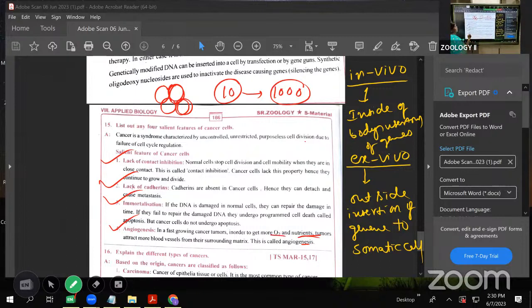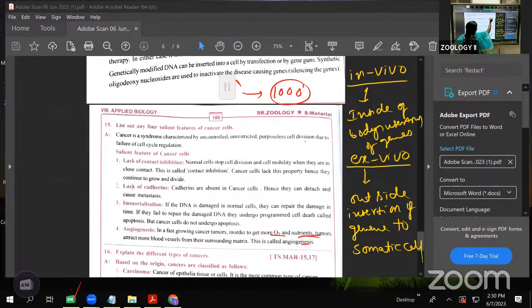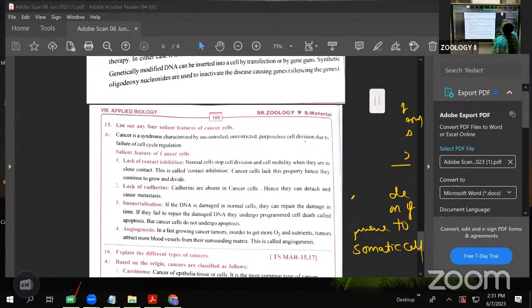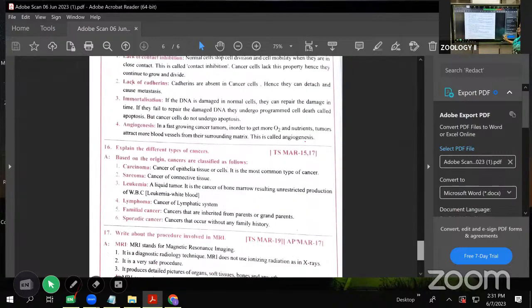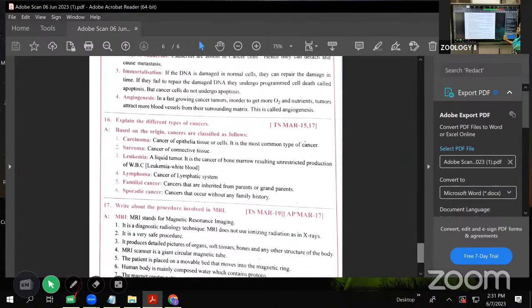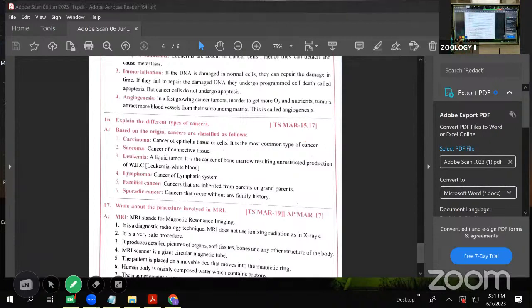That we call angiogenesis. This was about the features of the cancer cells. Next is the types of cancers.